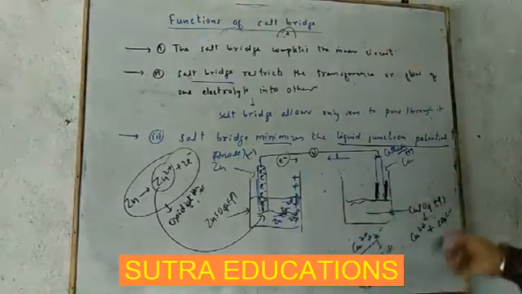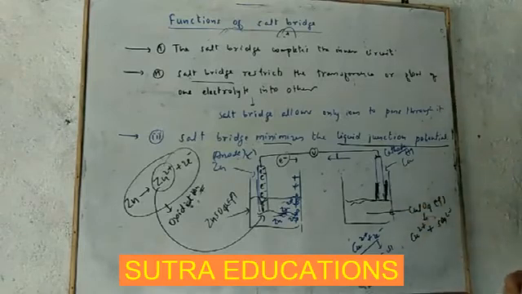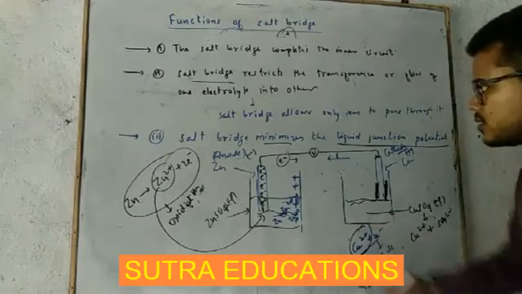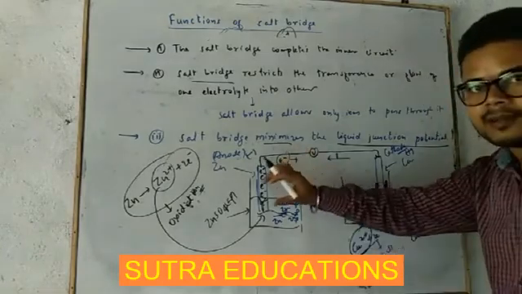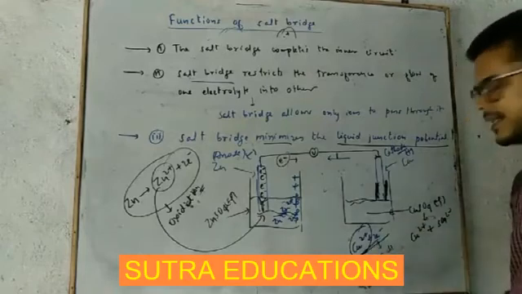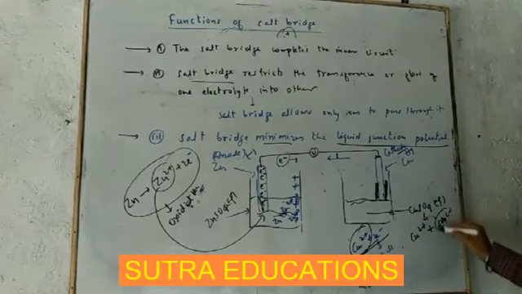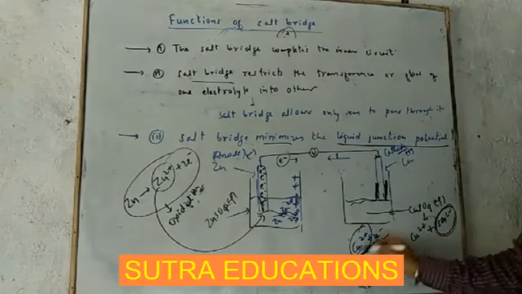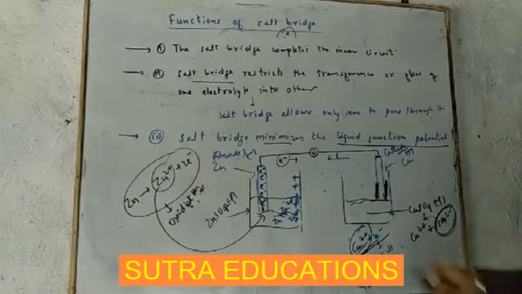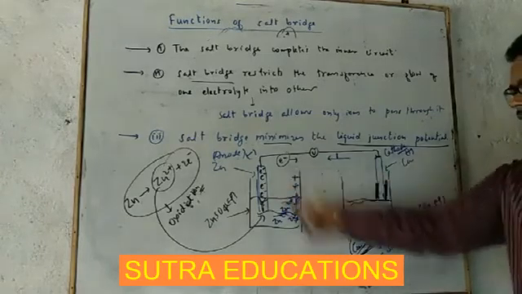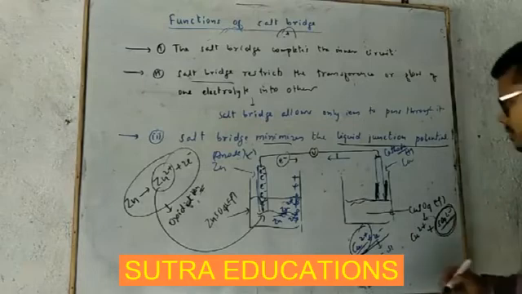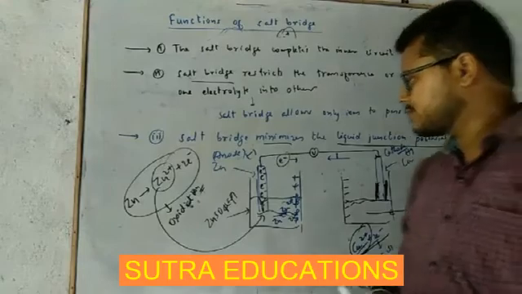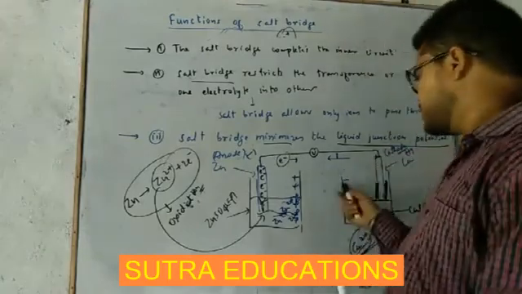Anyway, what will happen here? Concentration of positive charge is decreasing. Why? Because it is accepting electron and it is getting neutralized. And you can see here concentration of negative charge is still there. Means when more of the Cu2+ ion will be neutralized after accepting the electron coming from this container, then negative charge will be more here. So here negative charge will develop on the junction. Getting this? So here it is positive charge, here it is negative charge.